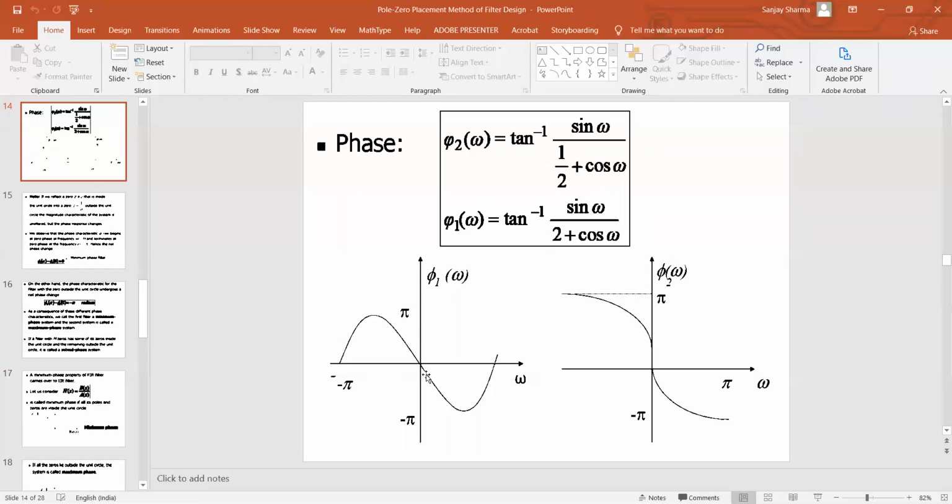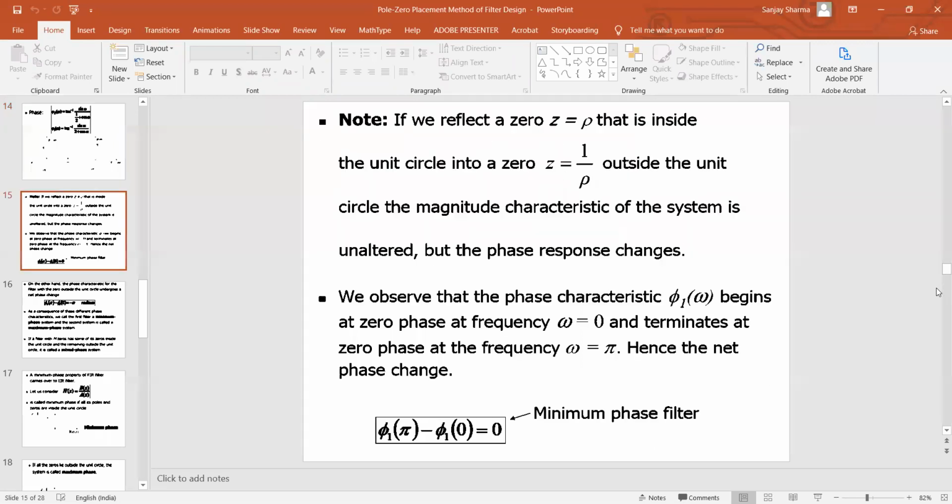In the first case, zeros are inside the unit circle, but in the second case, the zero is outside the unit circle. So when omega is equal to 0, phase is 0. But when omega is equal to pi, the phase, once again, will come to minus pi, right? So that's what I did here.